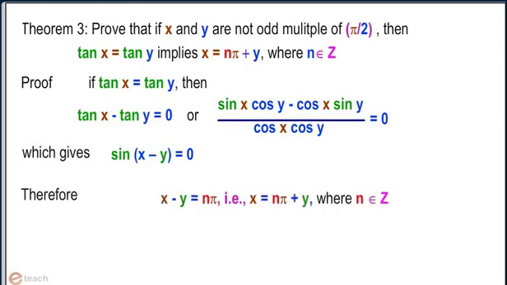Therefore, x minus y equals n pi, that is, x equals n pi plus y, where n is an integer.